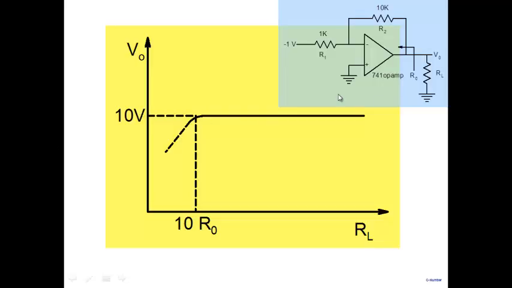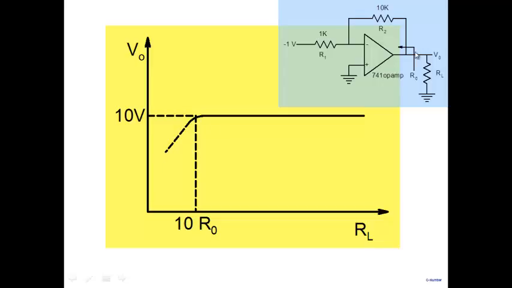If I keep on reducing RL, I would expect changes to occur when RL starts becoming comparable with R0. Let's say when RL becomes equal to about 10 R0 or something like that, because we know that when RL equals R0, the output has already fallen by half. So when RL is becoming comparable to R0, we may expect that this should fall here, at this value of 10 R0.